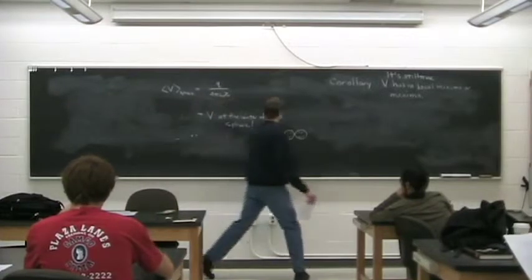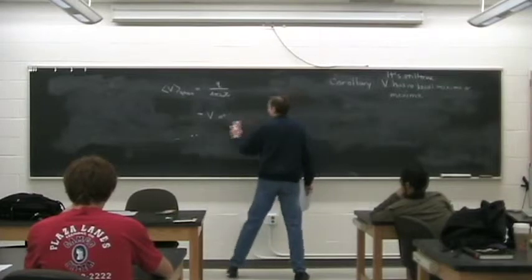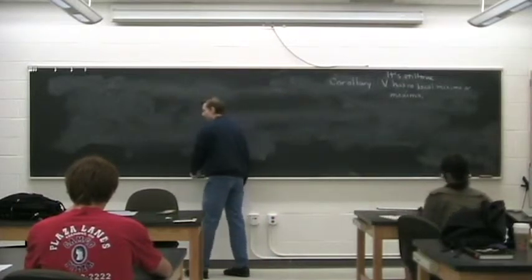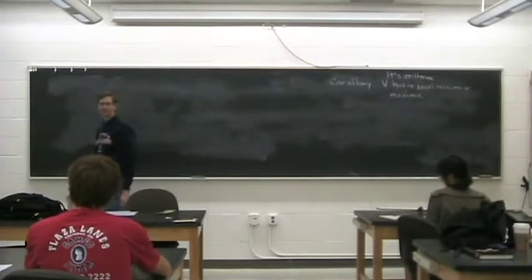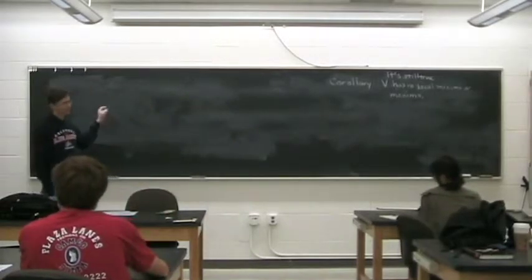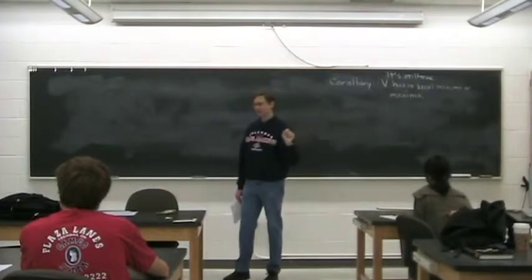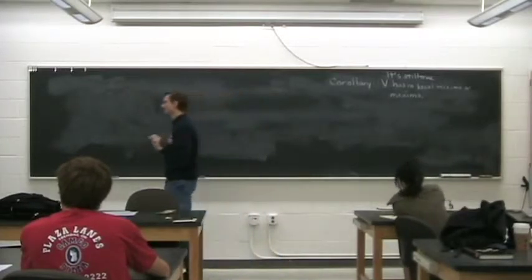Or in other words, any maxima or minima have to lie on the boundary of the region in question. And by the way, we showed that the potential of a point charge lying outside a sphere, its average over the sphere is the value at the center.